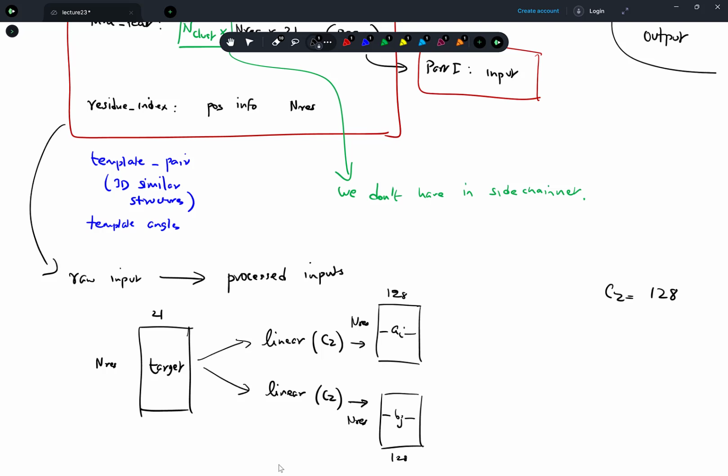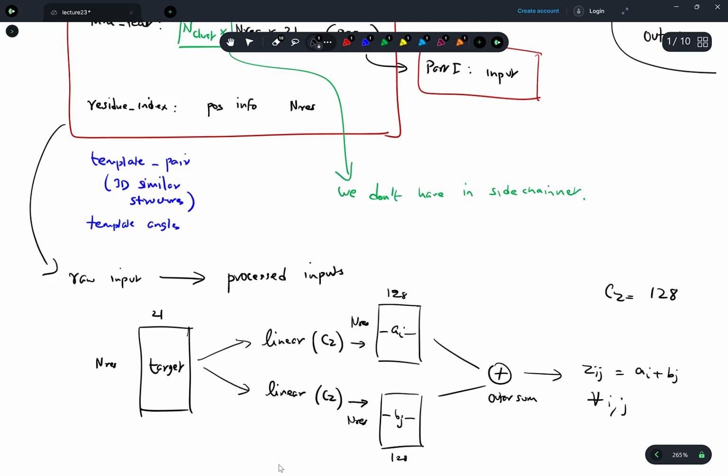Now all you do is an outer sum, like you're creating a pairwise feature. We can do more, of course. We can concatenate them with the difference and the element-wise product if you need to. But if you want to stick with what AlphaFold does, we just do an outer sum. The outer sum is your Zij. So this gives us Zij, which is simply AI plus Bj for all i, for all j.